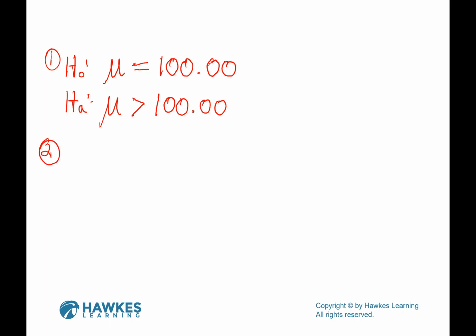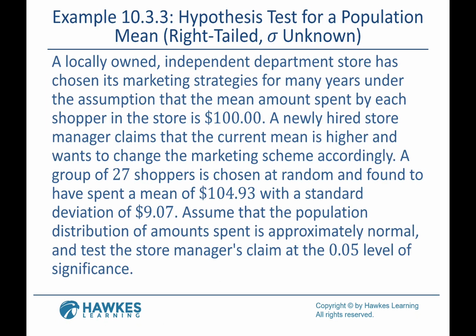Step 2. Same reasoning as before when we're using t. Again, we're working with means, and we are not given the population standard deviation. When it talks about standard deviation, it just says standard deviation, so it's talking about the standard deviation of the sample. And again, I will make it very clear by test time.